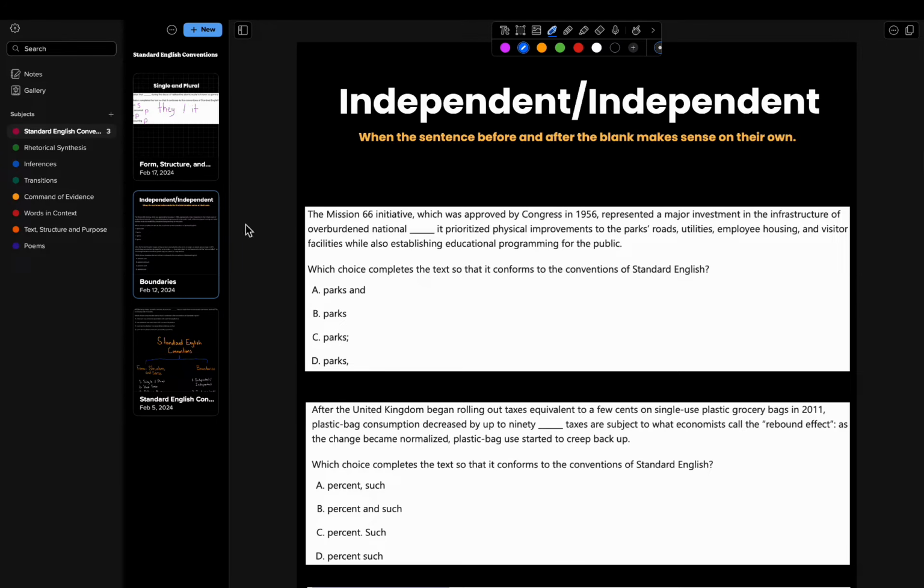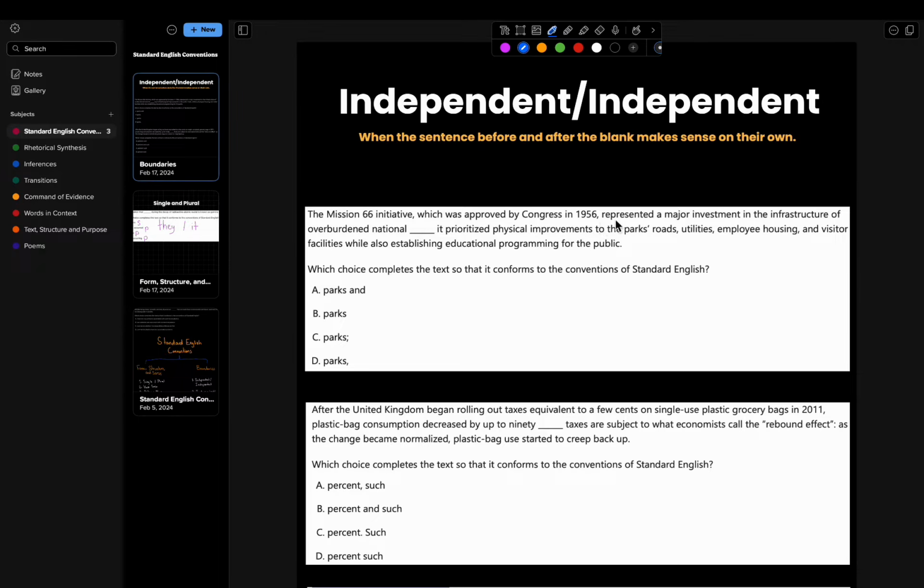Let's look at an example. The multiple choices are all the same words, but they have different punctuation and conjunctions. Let's read the passage. The Mission 66 initiative, which was approved by Congress in 1956, represented a major investment in the infrastructure of overburdened national parks.